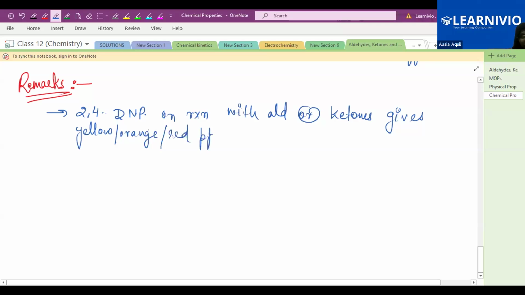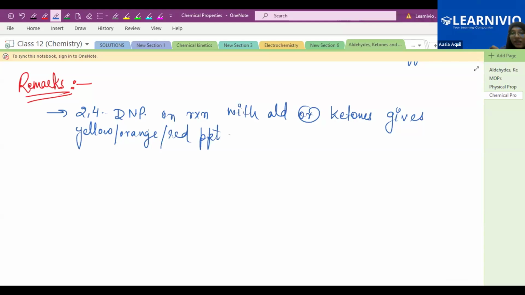If you have aldehydes or ketones and you add 2,4-DNP, it will give you a yellow, orange or reddish precipitate.